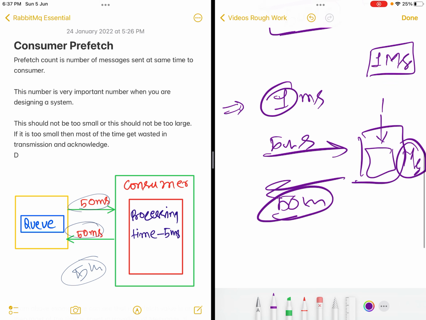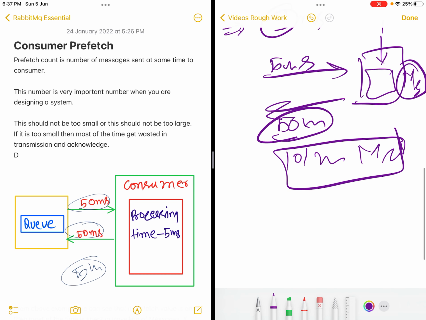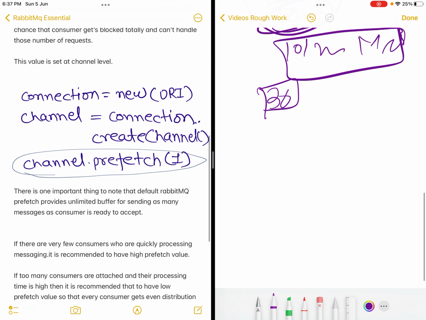So the overall time was 101 milliseconds and only one message got processed. So it would be better to send at least 30-40 messages so that it is comparable with the time consumed in establishing the connection.